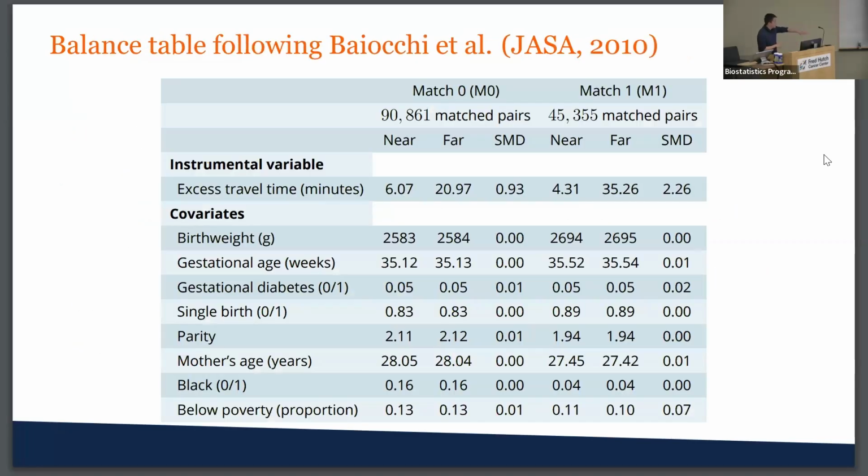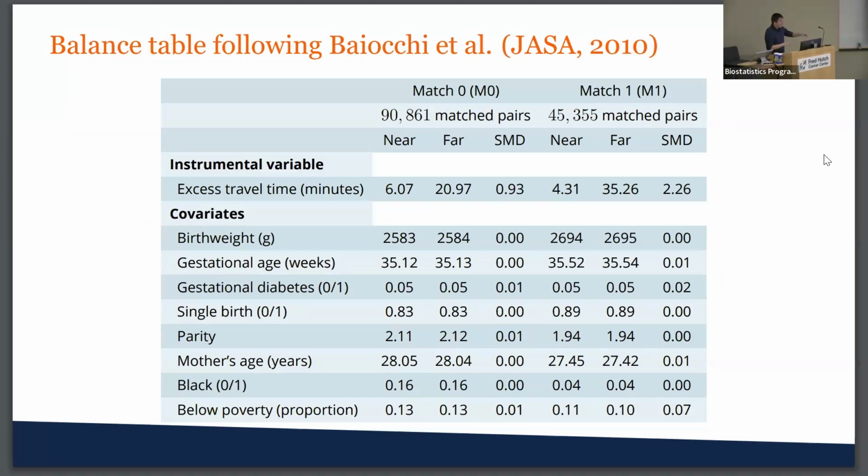But here, this is data I sort of recreated from their paper. It's not exactly the same, but it's similar data. This is the way we try to recreate their analysis. In this N0, we use pretty much all the data. The near and far columns summarize those mothers who live either far from a high level NICU or near a high level NICU.